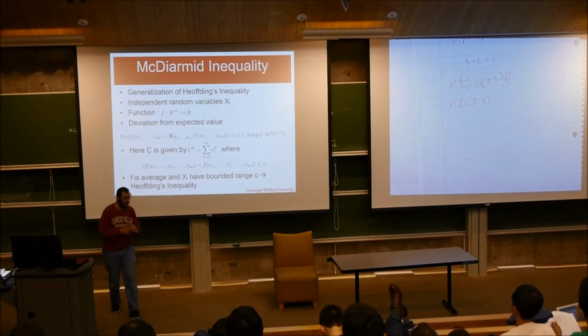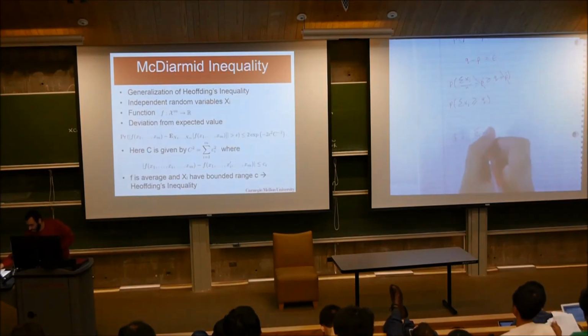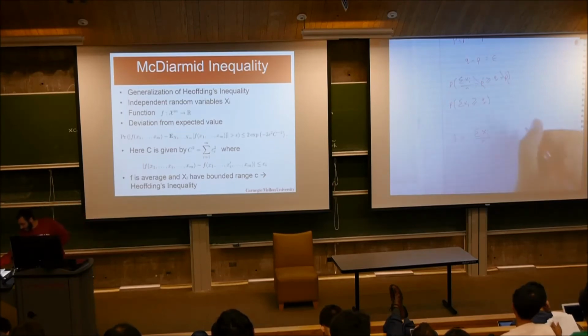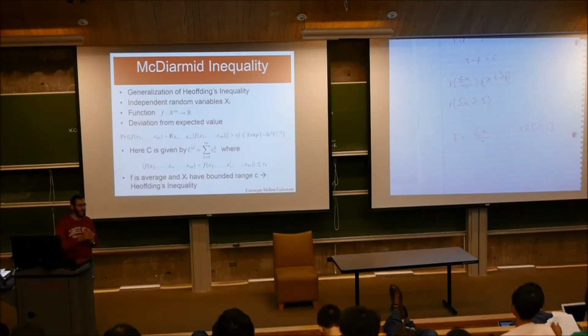If we go back to the Hoeffding's case, f is the empirical average. So f is equal to sigma xi over m, right? What's the maximum amount I can change f by changing one variable, given that x is between minus c and c? So, for example, suppose I allow you to change x1, what amount of change can you cause to f by changing x1?